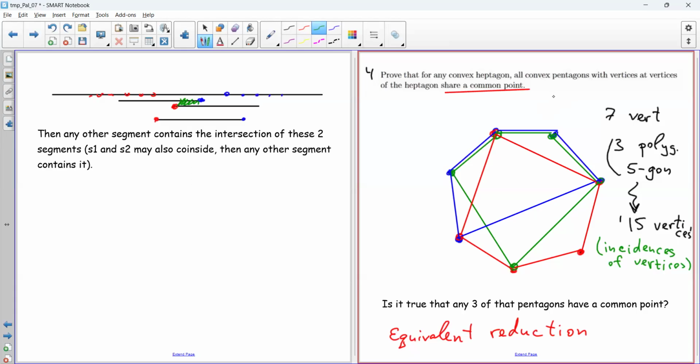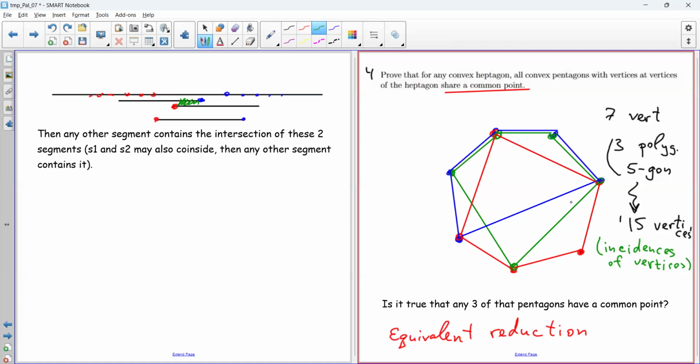some students have this reflex: let's continue by induction. But technically they would be passing the path of proof in Helly's theorem once again. We don't need that, right? We just refer to Helly's theorem. We say that among this set of convex figures, it doesn't matter much here that they are polygons, we know that each 3 have a common point.